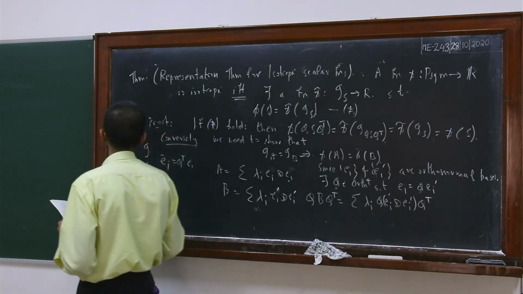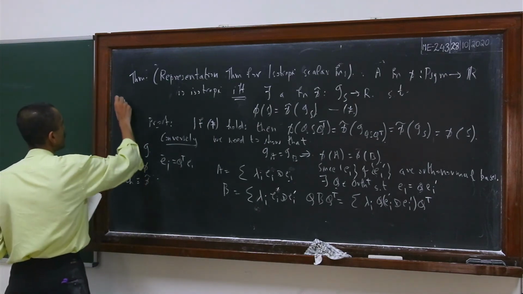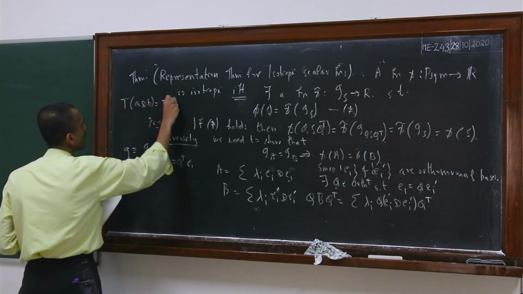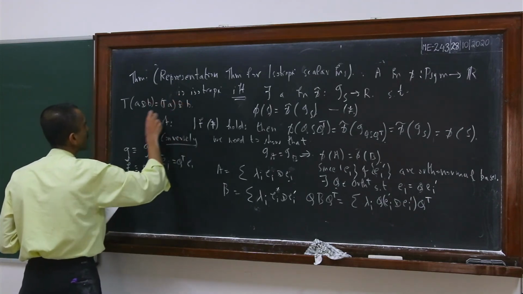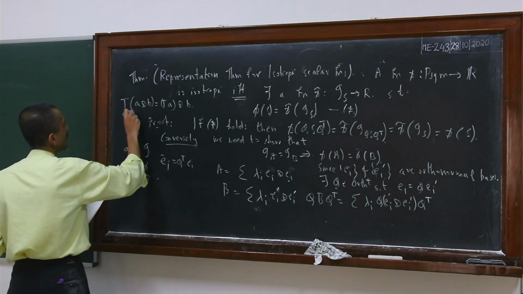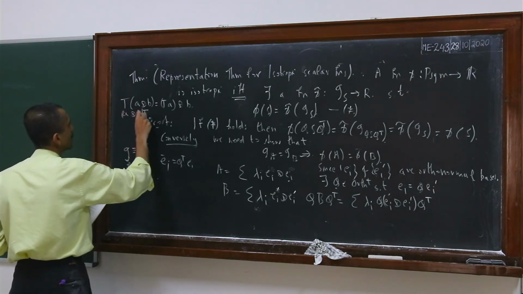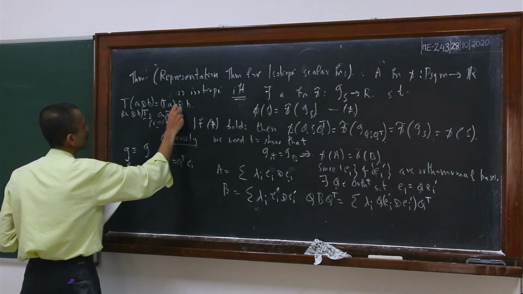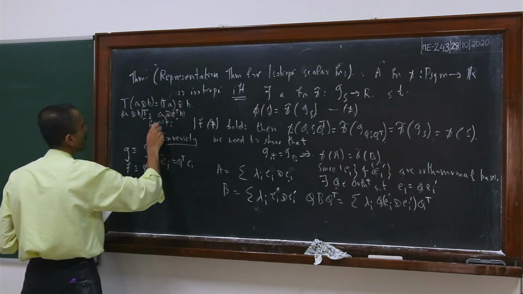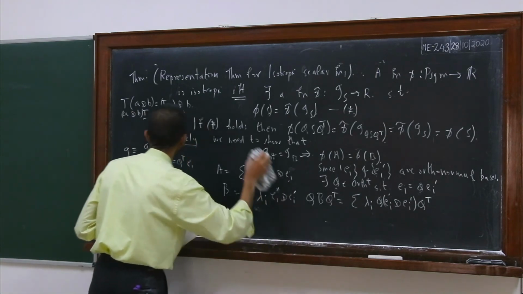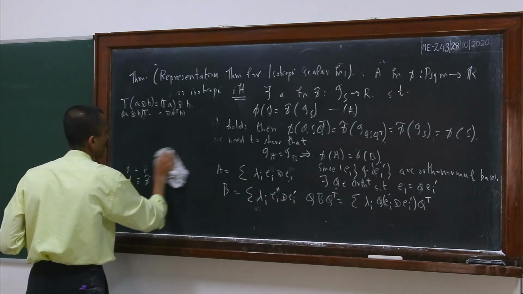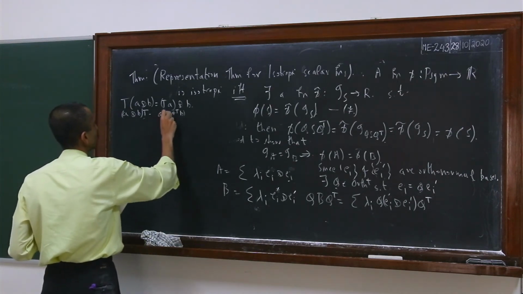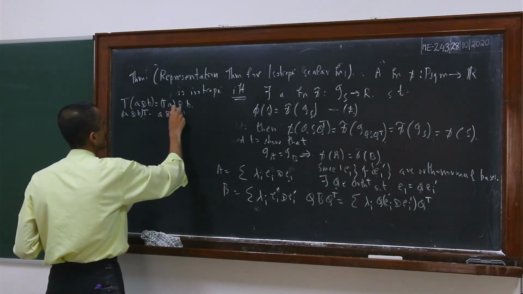If you recall, T times A dyadic B is equal to TA dyadic B, and also A dyadic B times T is equal to A dyadic T transpose B. These are some of the properties of the dyadic products which we have shown either in the class or in your assignments. So we will use those properties here.